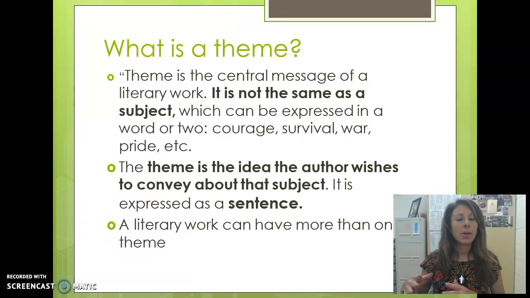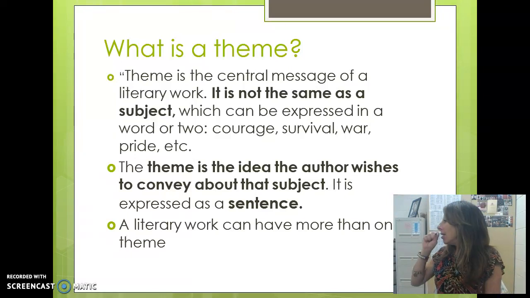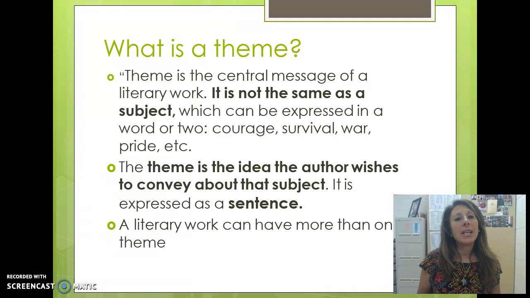Like you wrote down, the theme was love, the theme was anger, the theme was courage, survival, war, pride, friendship, things like that. That's not a theme. That's just the subject of the story. The theme is the idea that the author wishes to convey about the subject, and it's expressed in a sentence. So it needs to be written as a complete sentence.